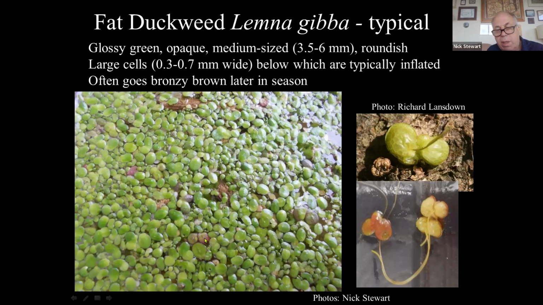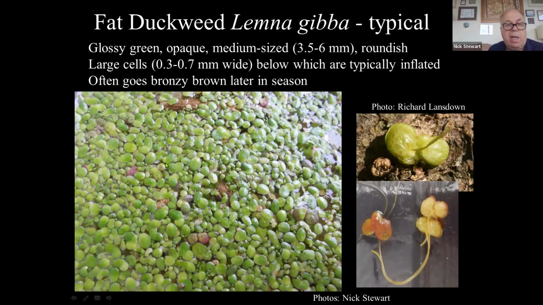Whereas very often, if you're seeing a mass of duckweeds and you see these purplish ones, so long as they're not bigger Spirodela with the multiple roots, if you flip them over, you'll very often find them inflated and Lemna gibba.